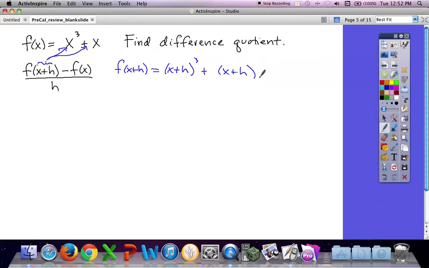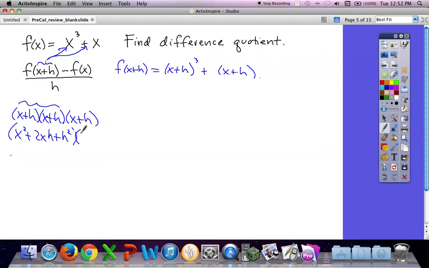Now, how do you find x plus h to the third? It means x plus h times x plus h times x plus h. So you have to FOIL two of these, which is x squared plus 2xh plus h squared.